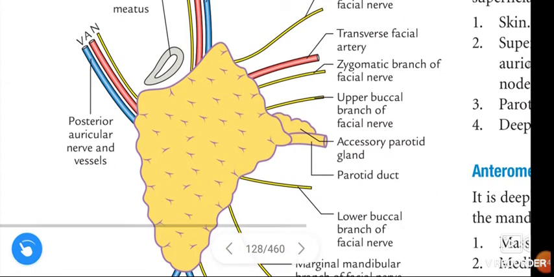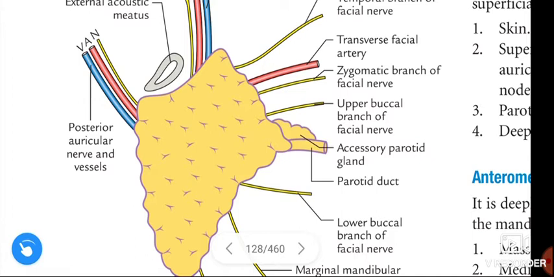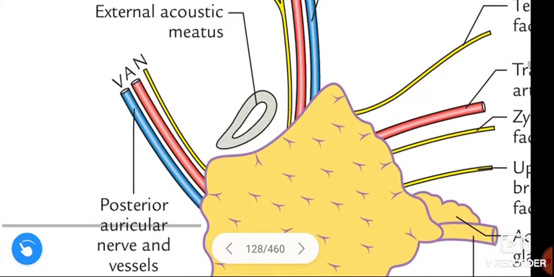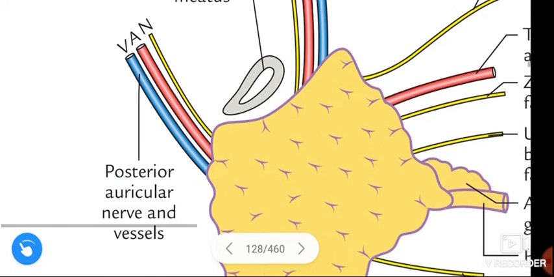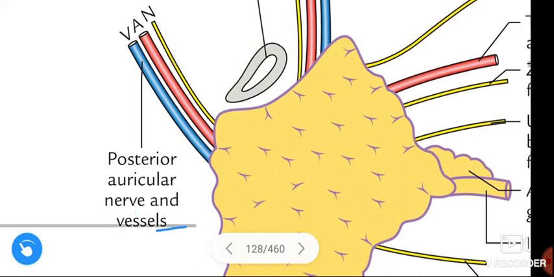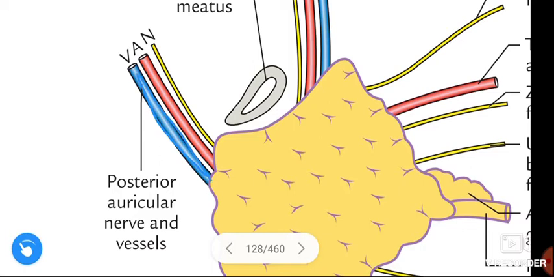See here, this is the posterior border, which separates the superficial surface from the posterior medial surface, and the related structures are the posterior auricular nerve and vessels: vein, artery and nerve.